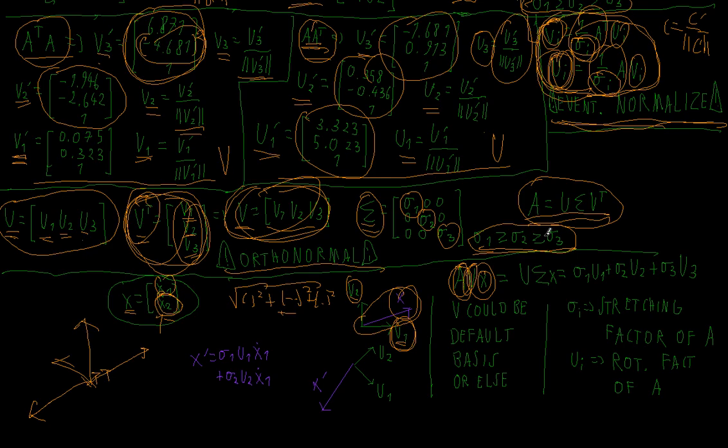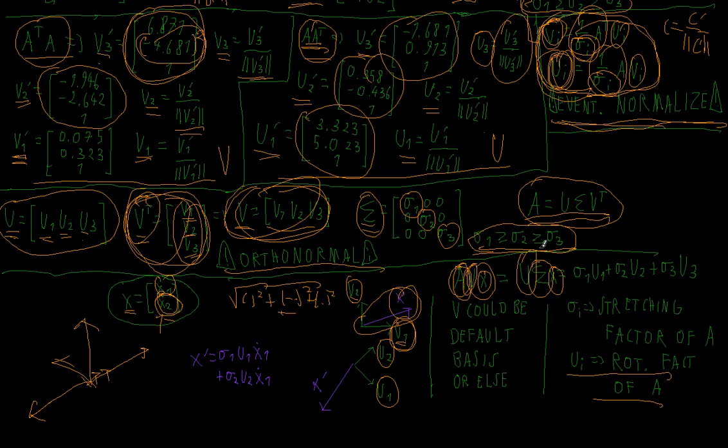Now I have my vector x, and I can find another basis u, here u sub 1 and u sub 2, which are the rotation factor of A. Basically, those are the rotated bases that represent the rotation that my matrix A does, and the matrix capital sigma is my stretching factor.